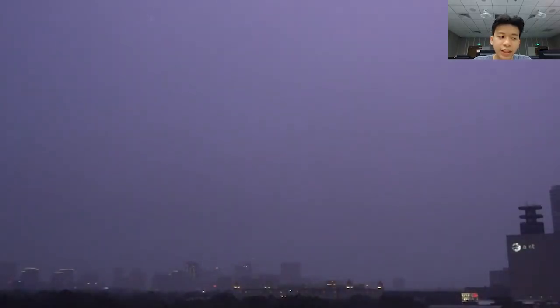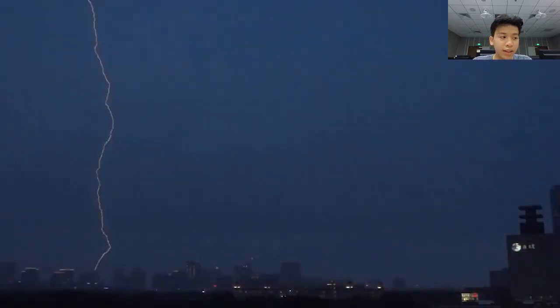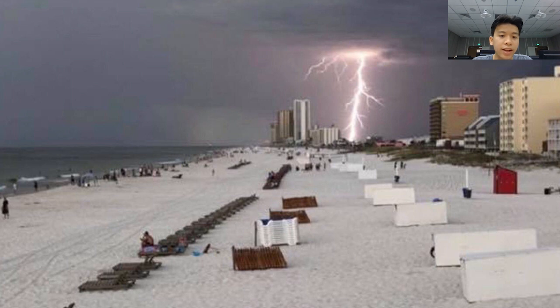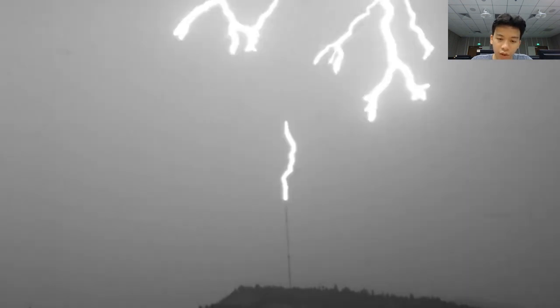As you can see, since the step leaders can form differently in the air, lightning can be very unpredictable and in some cases very dangerous. We have seen many cases when lightning struck on beaches and hurt people. The positive streamer, as I mentioned, is a connecting point from an object on the ground to the clouds above.